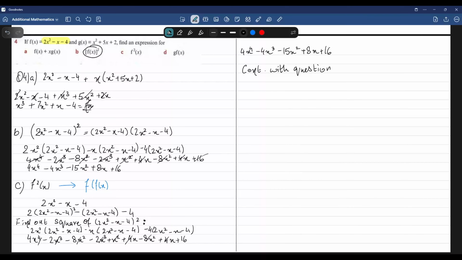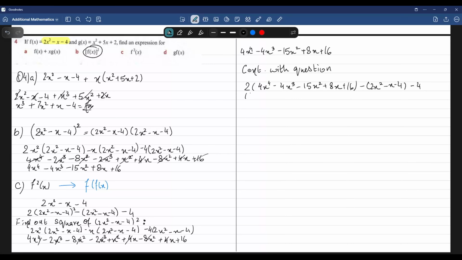And I can just input this value in: 2 multiplied by 4x raised to power 4 minus 4x cubed minus 15x squared plus 8x plus 16, minus 2x squared minus x minus 4, minus 4.